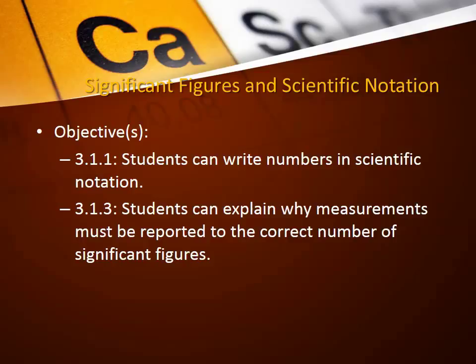Alright. In our next section, we are talking about significant figures and scientific notation. Commonly, I will call significant figures sig figs. So, don't let that confuse you too much.